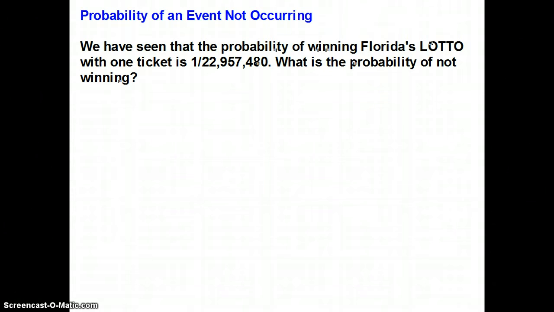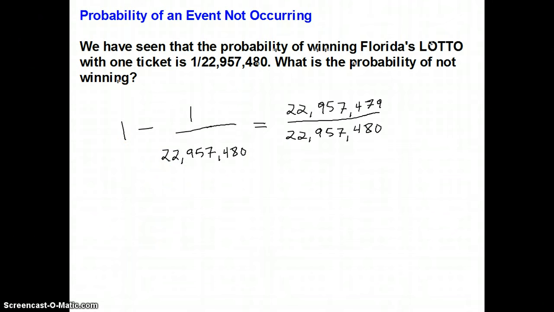We have seen that the probability of winning Florida's lotto with one ticket is 1 out of 22,957,480. What is the probability of not winning? Well, we would simply need to subtract the probability of winning from 1, and that gives us, I'll go ahead and pause it for you.